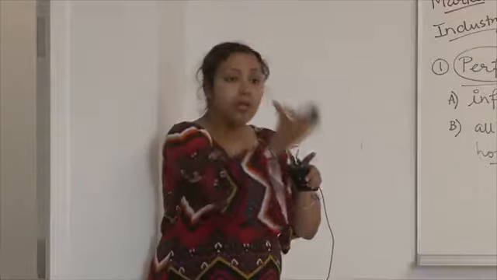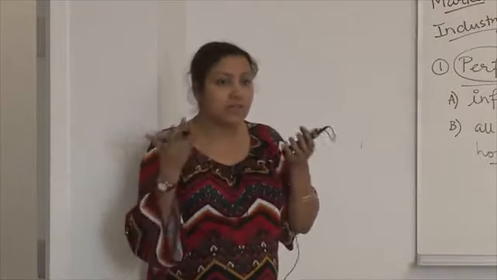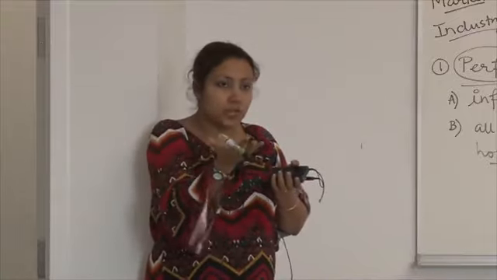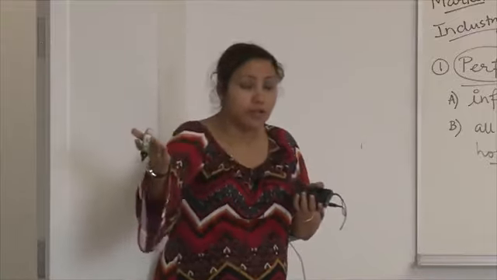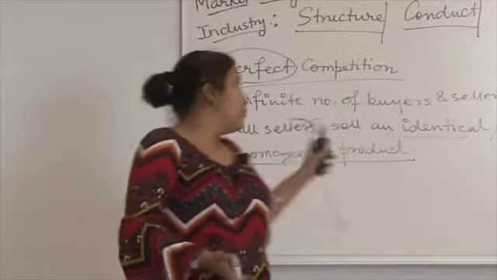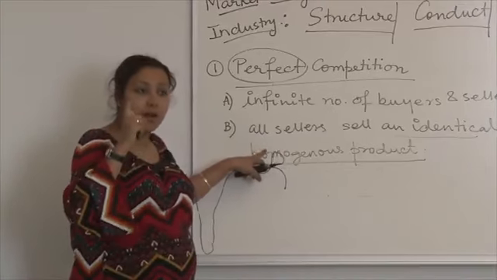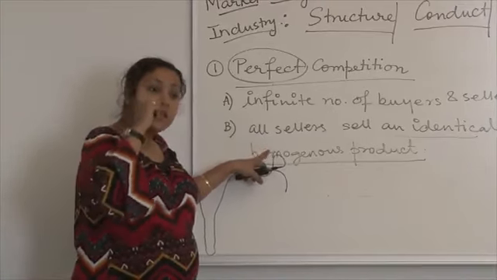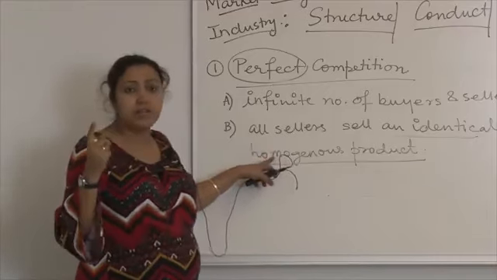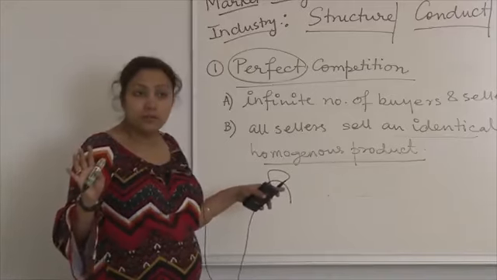So, even if you try to sell your product for a higher price, you cannot sell it, because it is exactly the same as what she is selling or what he is selling. So, I have the option as a buyer to go to somebody who is offering that product to me for a cheaper price. So, what follows from this is that there is a single price in the market. There is a single price in the market, and all sellers and all buyers face that same price. Okay, is that clear why it is so?